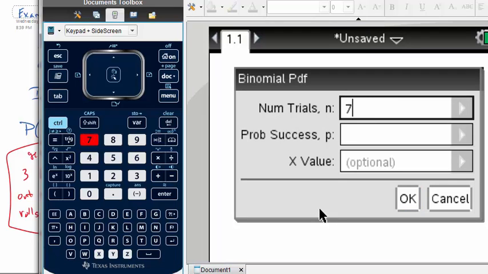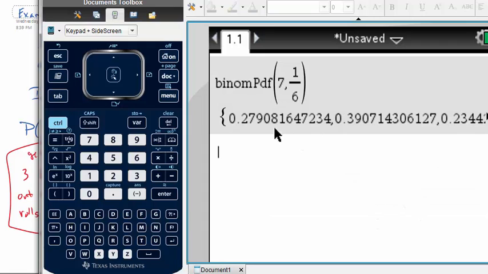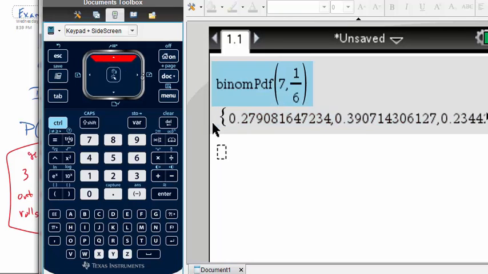Well, this problem said we had 7. The probability of success, p, was 1/6. If I don't put in an X value and just press OK, look what it gives me. It gives me the probability of 0, 1, 2, 3. It gives me the entire probability distribution.